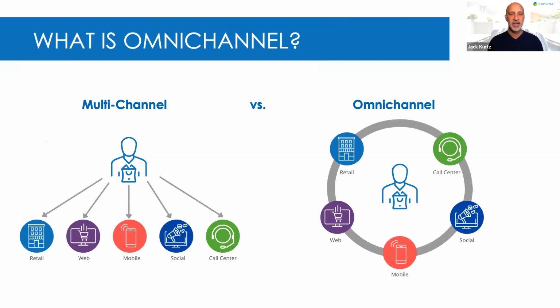Omni means all, and this is where all your channels are working together using the same processes, systems, and data, and the people are working together as a team to support your customers so that any sales channel that your customer interacts with will feel like the same experience. They'll have the same pricing, the same product information, or perhaps if it's a separate channel that's in a different language or has a different currency, it's all coming from the same system and the same team.